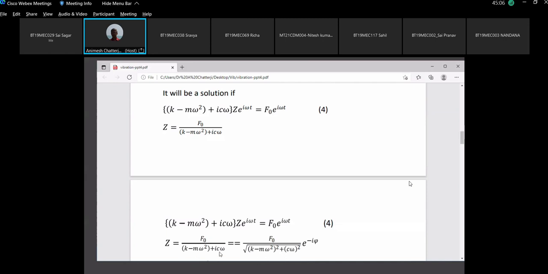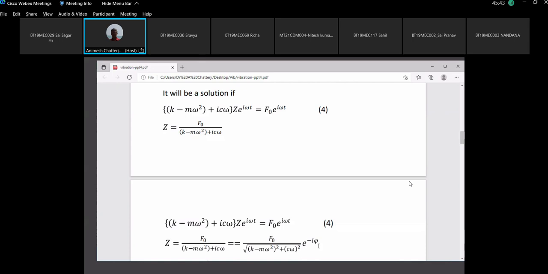A plus ib is the complex number. So what is the magnitude? Square root of a square plus b square. And what will be phi? Phi is tan inverse b by a. It is negative because the complex number was in the denominator. Try to understand a little. We got Z is equal to f0 by this. Now I am writing in a very peculiar fashion. This is from the definition of a complex number: every complex number can be written as its magnitude and e to the power i theta.